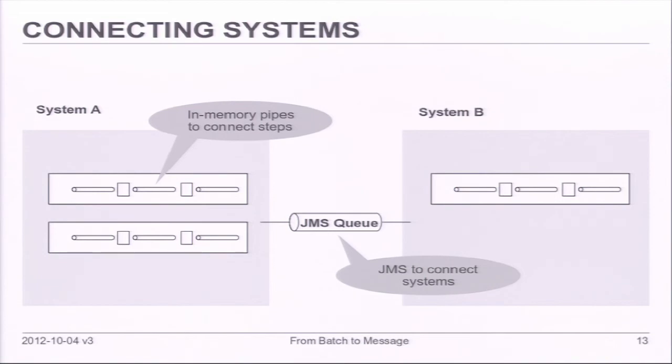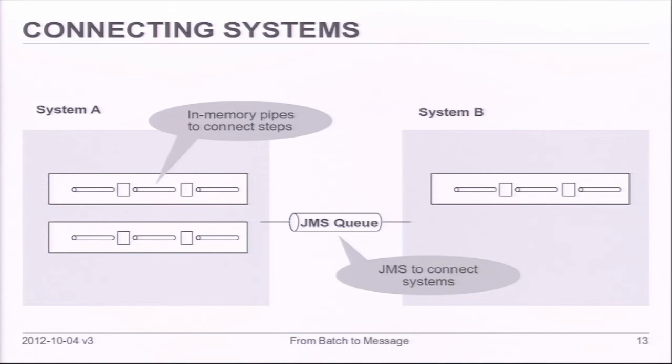Yeah, so basically what you see is that you can use pipes and filters within a system. Then you have those filters implemented as individual steps, and the pipes just being in-memory passing on of the messages from one step to another.